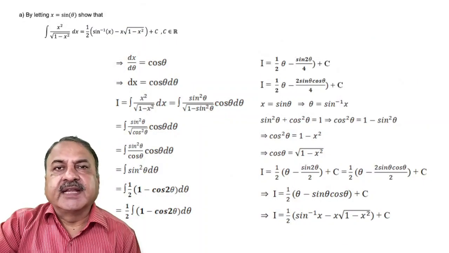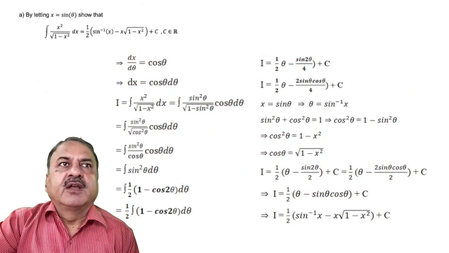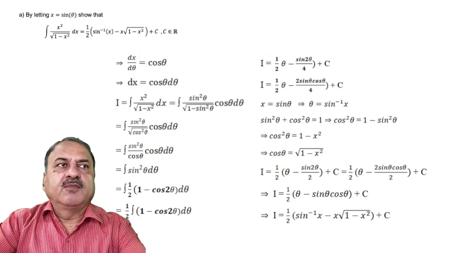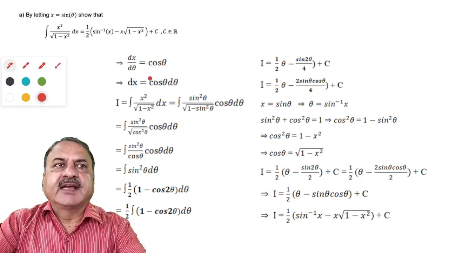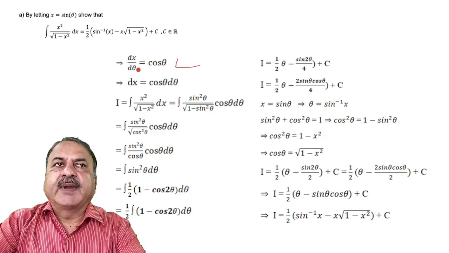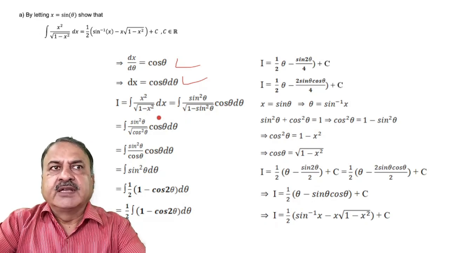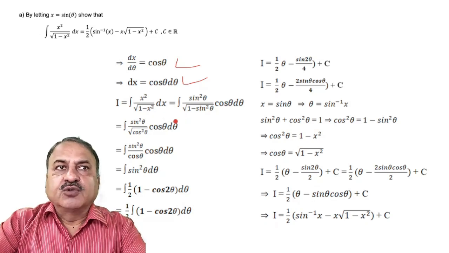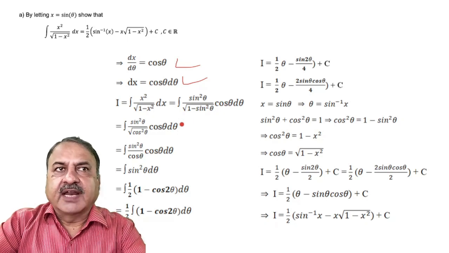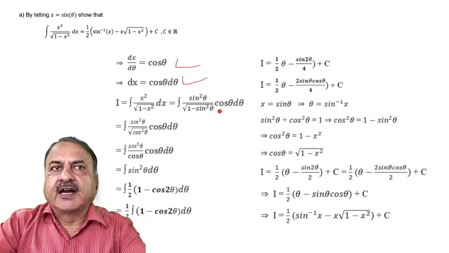Let me explain the key steps again. First of all, we differentiated x and we got dx by d theta equal to cos theta. We got dx. After that, we substituted our values, x equal to sine theta and dx equal to cos theta d theta.